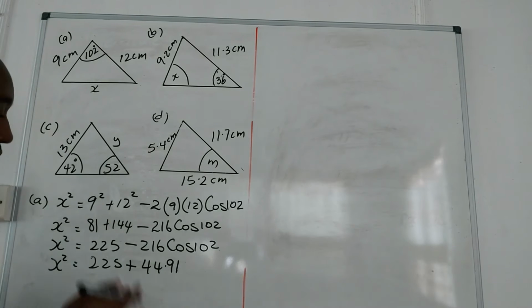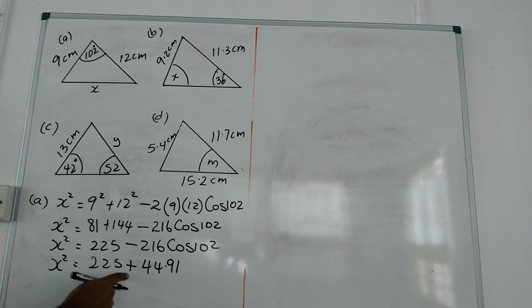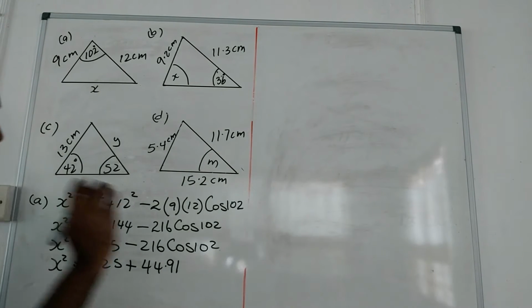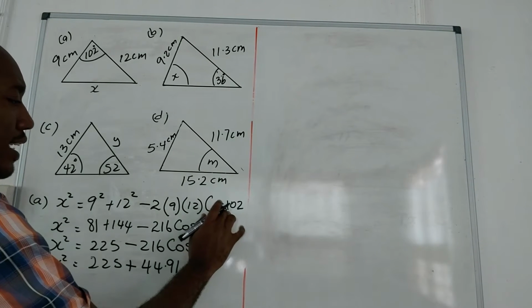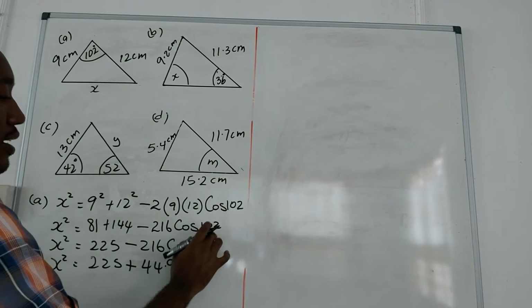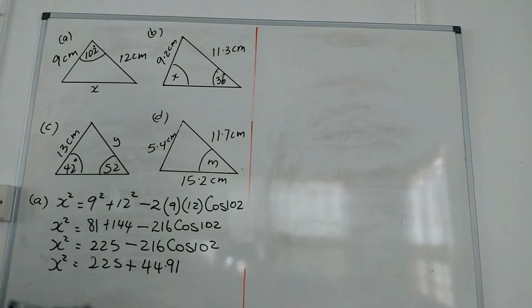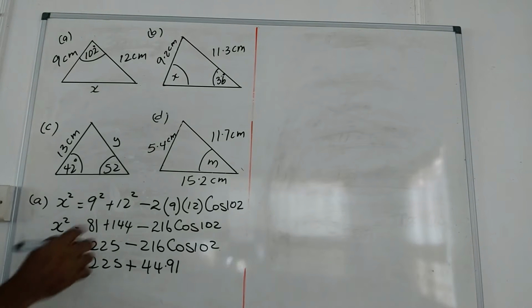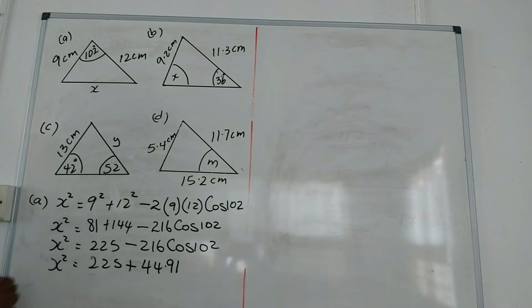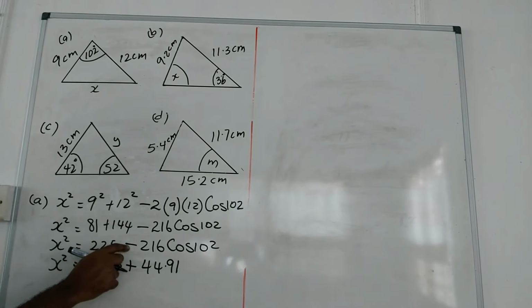So that negative and this negative will become a positive. So remember that anytime you cosine and this angle here is an obtuse angle, the sign here will become a positive. Only when it is an obtuse angle. Once it is an acute angle, this sign will remain negative.